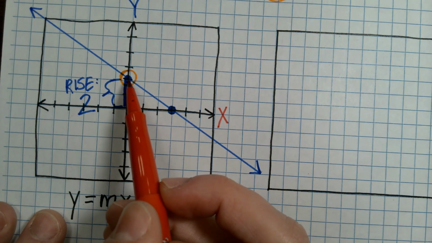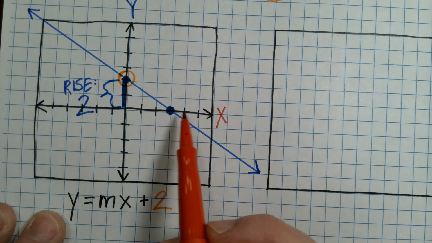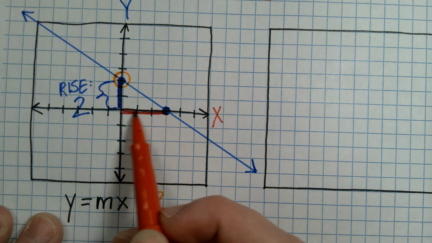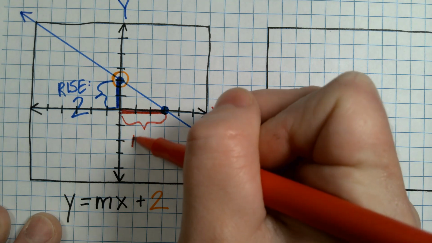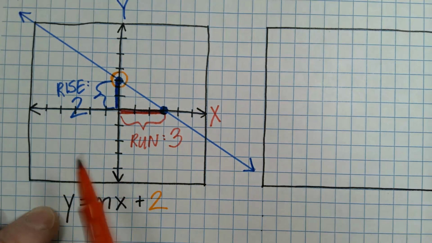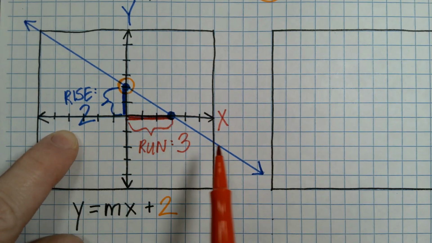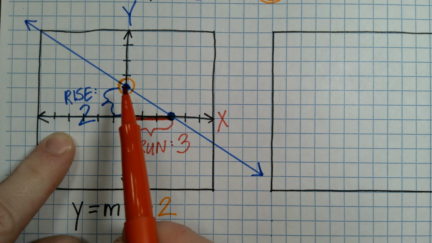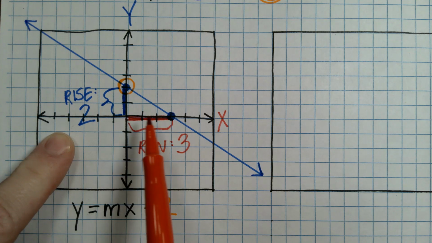And now from here over to the second point, our run, the distance left to right instead, is going to be 3. Our rise from the first point to the second was 2. The run from the first to the second was 3.